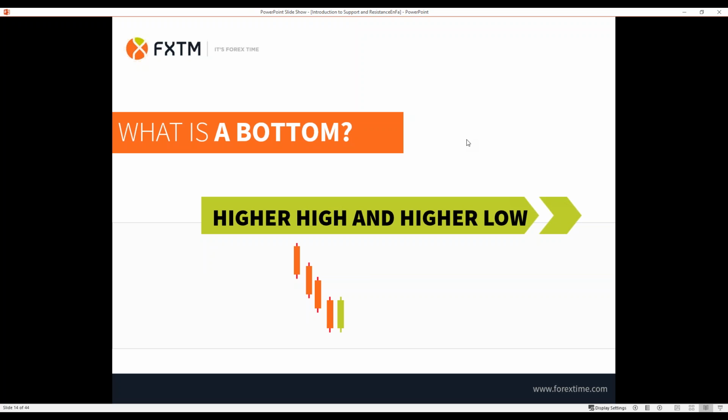Second definition is higher high and higher low. So it's not enough to have a higher high, we also need to have a higher low. This definition is more complex compared to the previous one. It has 2 conditions in it.